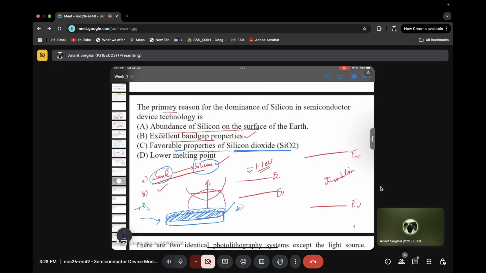And this SiO2 is a very good dielectric. As you have seen in any of the devices that I was making, we require an oxide layer just to have the control over the application of the voltage or the application of the current. So this is the most important property of silicon, that once it comes into contact with any oxygen, it grows a very uniform layer of SiO2 over it.